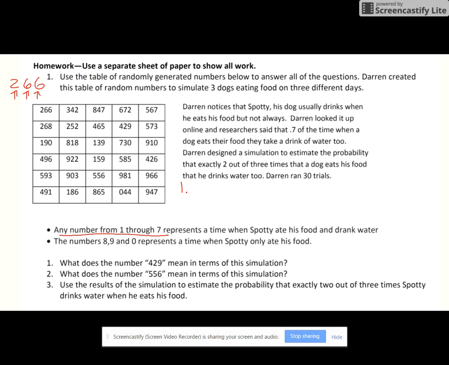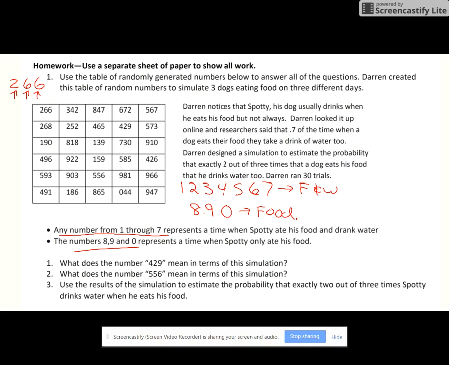So I'm going to write those out as 1, 2, 3, 4, 5, 6, 7. So those are food and water. The other possibility is the 8, 9, and 0s left over. Those are the 30%, or the 0.3. So 8, 9, and 0. And on those, it's just food. The dog didn't drink water, he just ate those times.